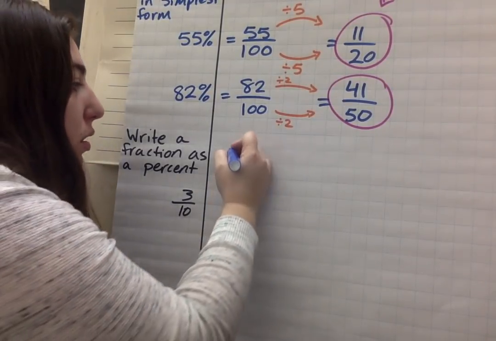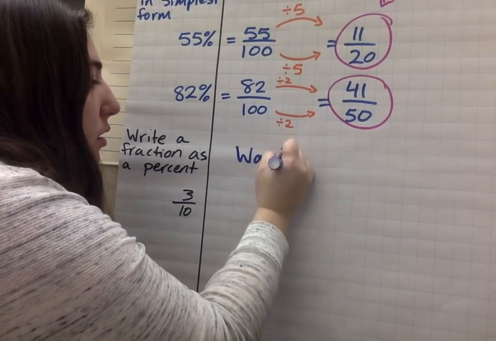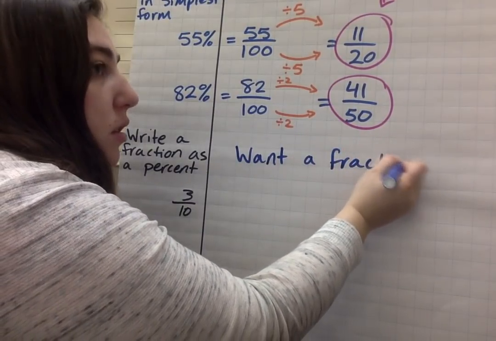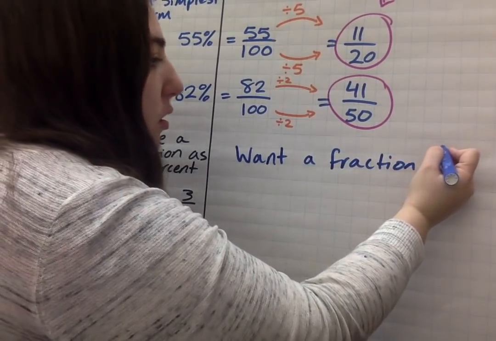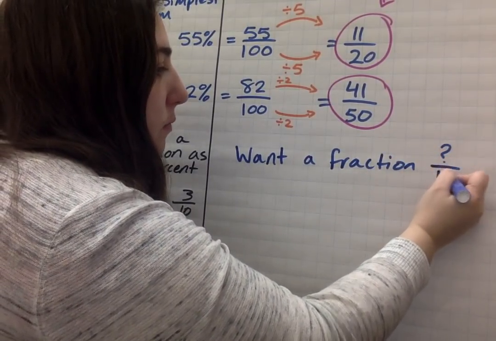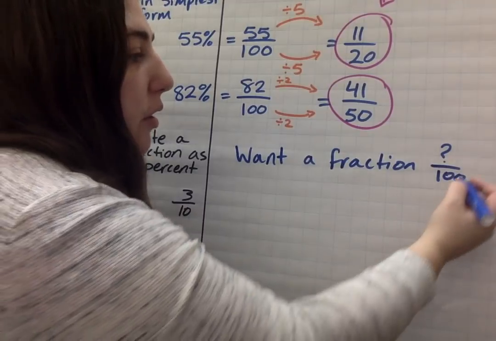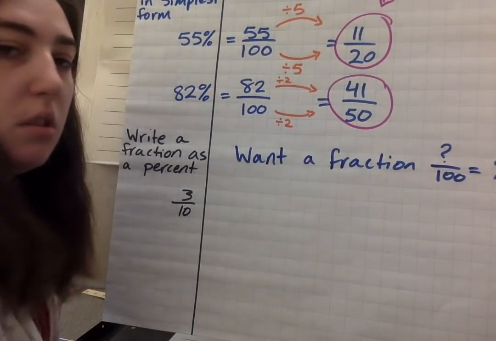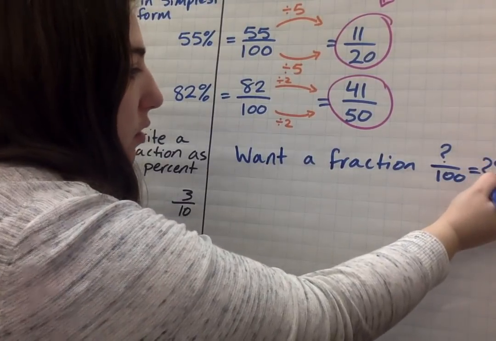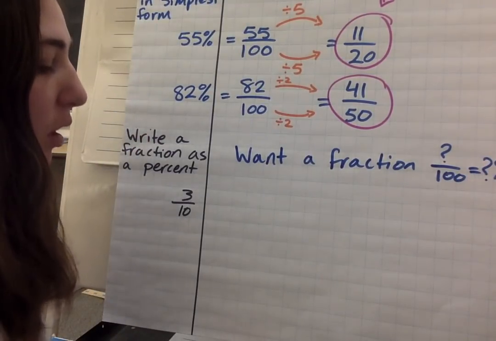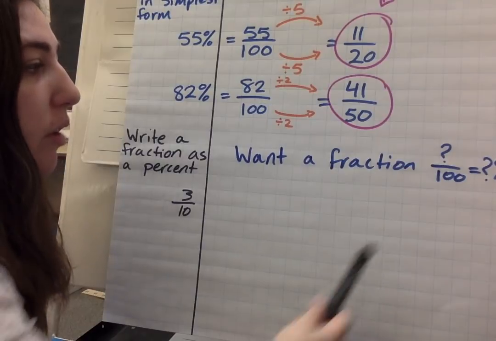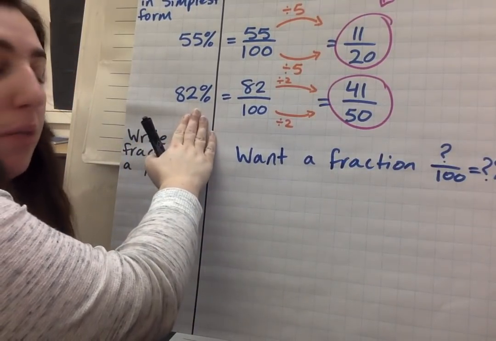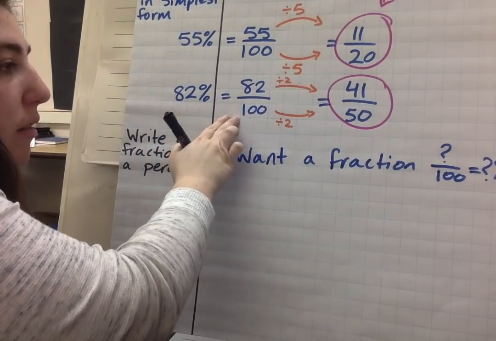Okay, so we want a fraction, something out of 100, and we want to make it into a percent. So that's what we're doing. And if you notice, up here, we wrote 82% and then 82 out of 100.